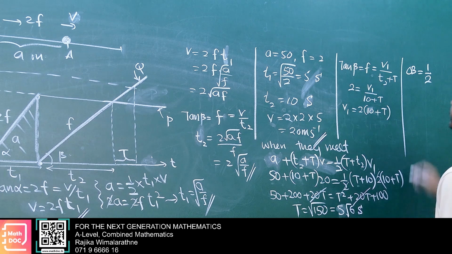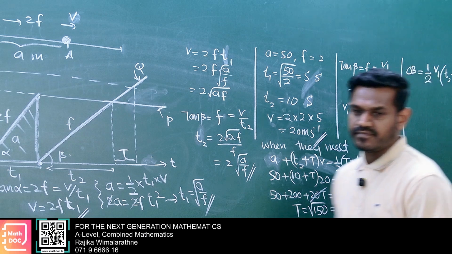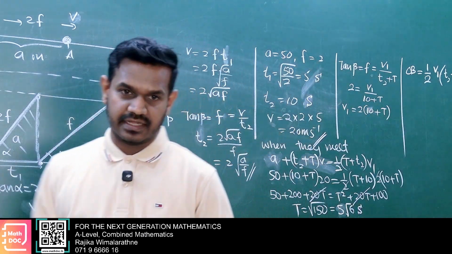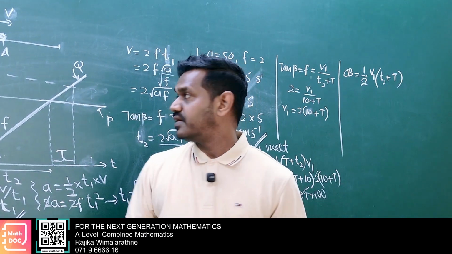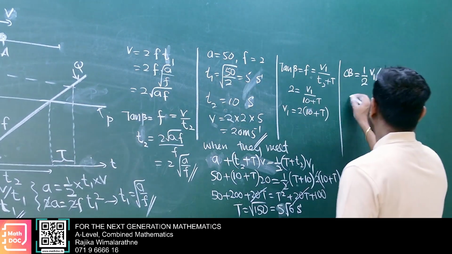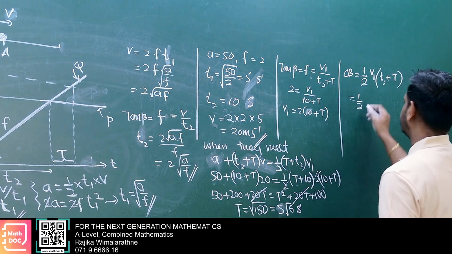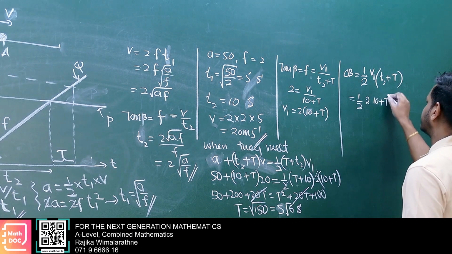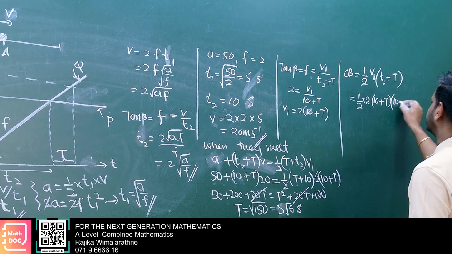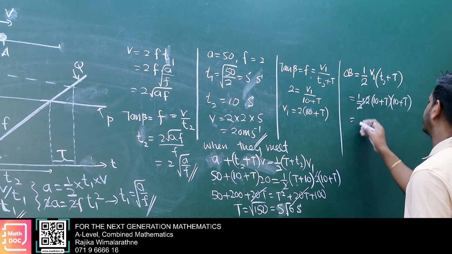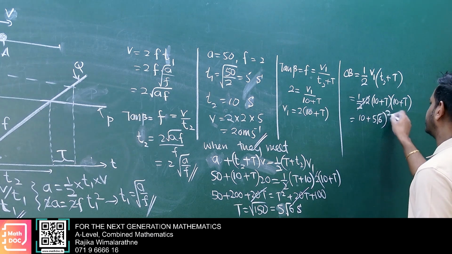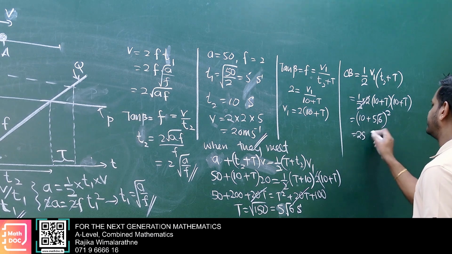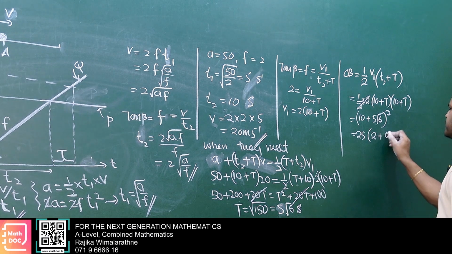Then the OB distance means the area of the triangle: OB equals half into V1 into T2 plus capital T, which is V1 times 10 plus T. Then simplify: 5 root 6 squared, take 5 outside, 25, times 2 plus root 6 squared.